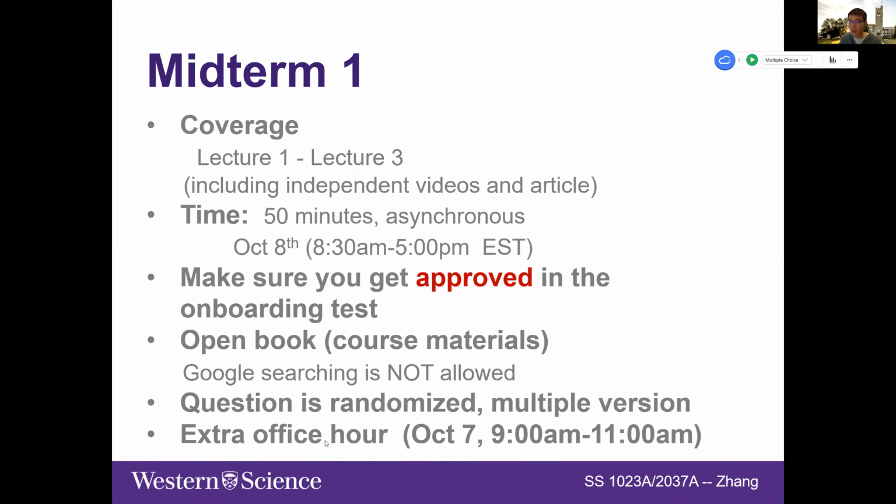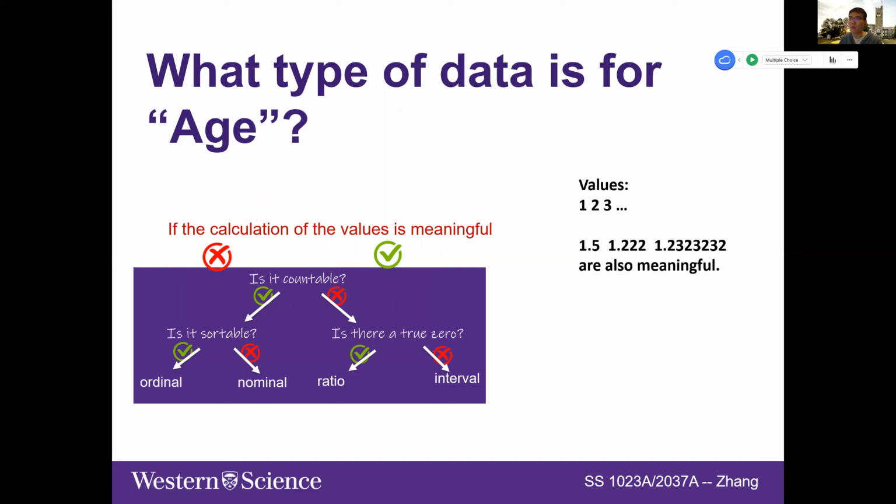I'm going to use the remaining time to answer several frequently asked questions. The first question is why age is not regarded as ordinal data, but instead as ratio data. Imagine for age, although we put values like 1, 2, 3, in fact we do have 1.5 and 1.222.